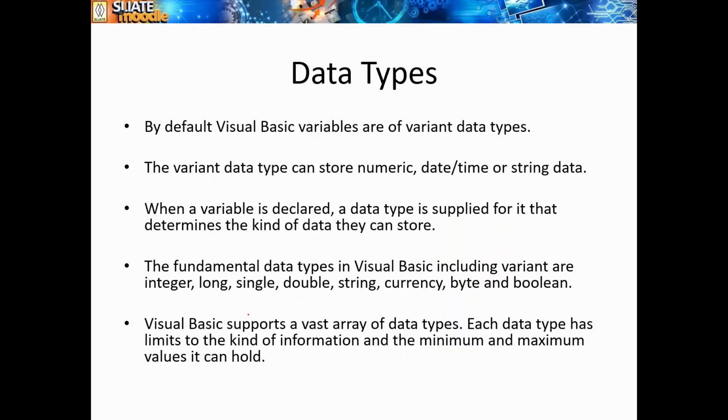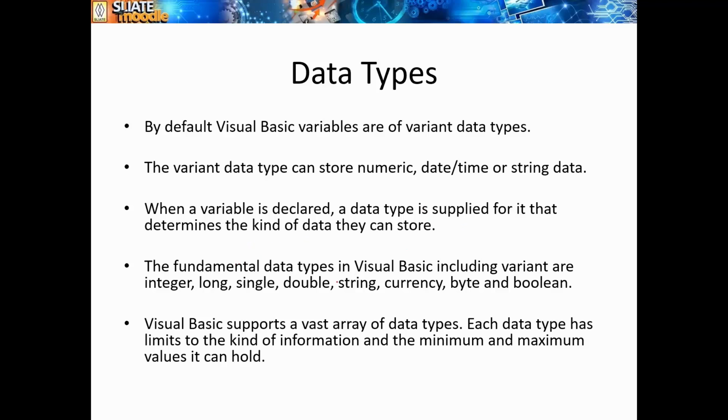Okay, now we have come to data types. By default, Visual Basic variables are of variant data type. The variant data type can store numeric, date, time, or string data. When a variable is declared, the data type supplied for it determines the kind of data it can store.